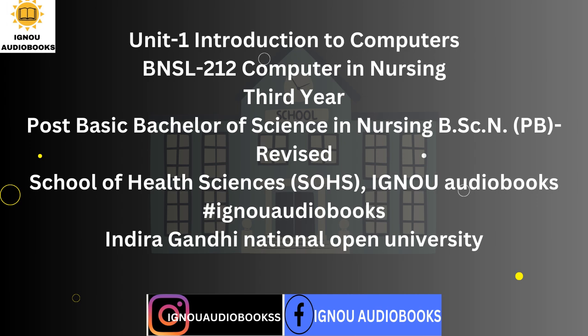Two symbols to represent these two states are 0 and 1, and are known as bits, an abbreviation for binary digits. 0 represents the absence of a signal, 1 represents the presence of a signal. A bit is, therefore, the smallest unit of data in a computer and can either store 0 or 1.